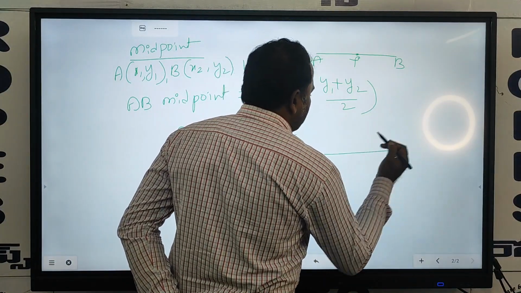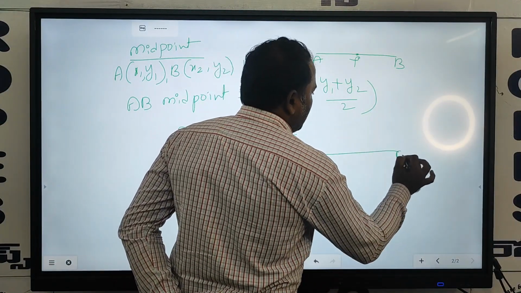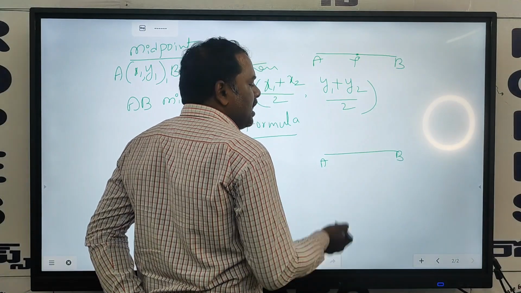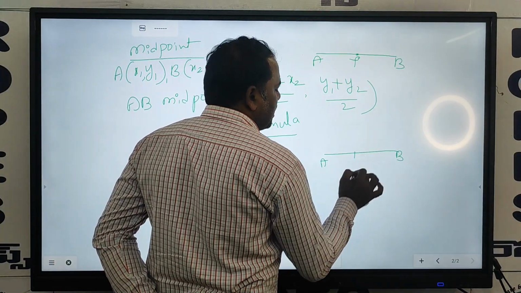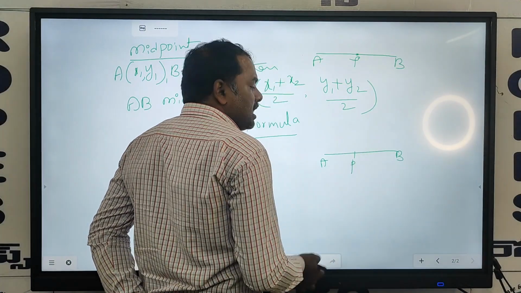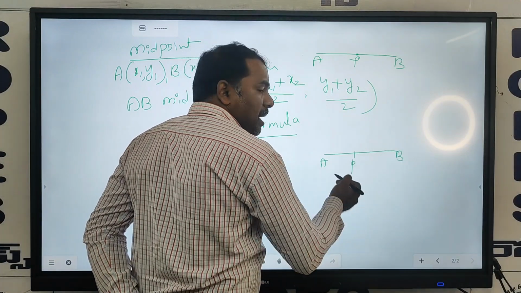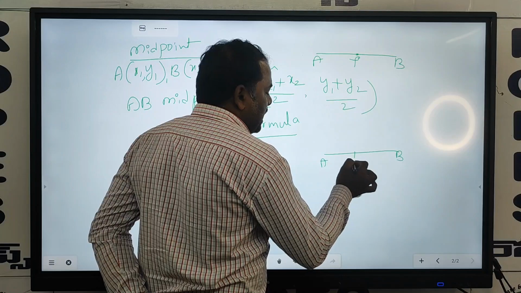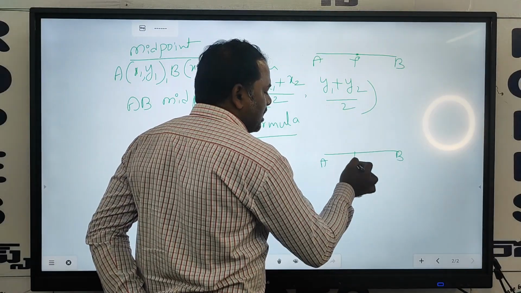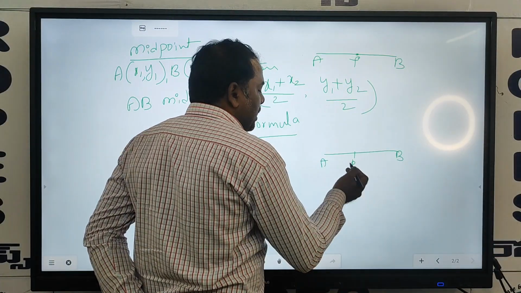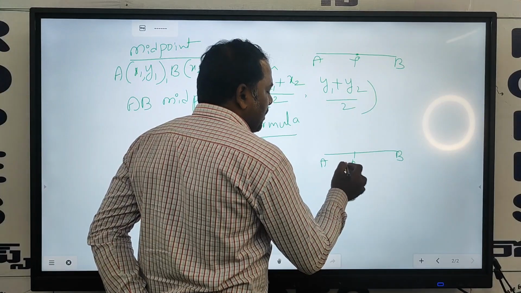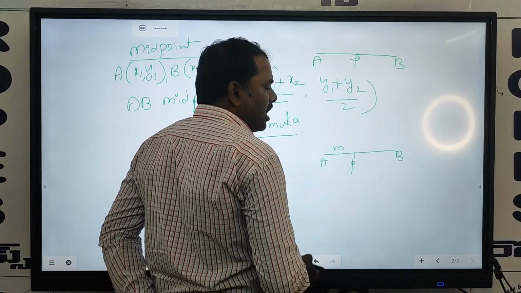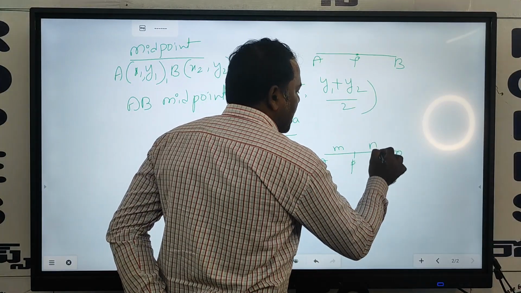See, if it is an AB line segment, and P is dividing AB internally. Now P is dividing such that the distance AP is in ratio M, and PB is in ratio N.